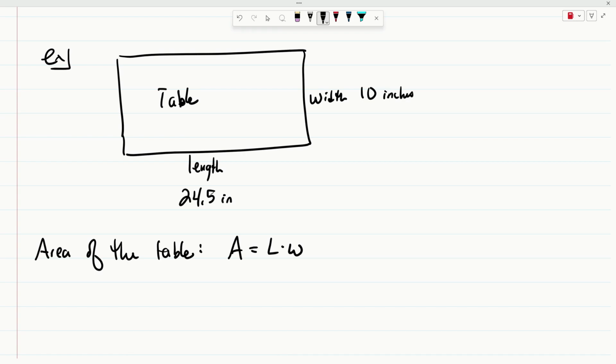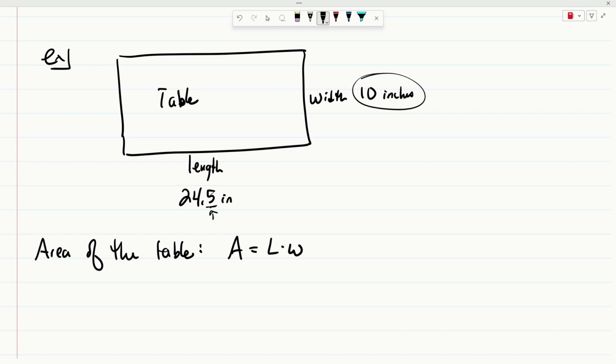So here's the issue. The 24.5, that 0.5 is basically a guess. It could have been 24.49, could have been 25 or 24.54, all right? So this right here is our issue. Also, you're telling me the width is exactly 10 inches, like perfectly 10?